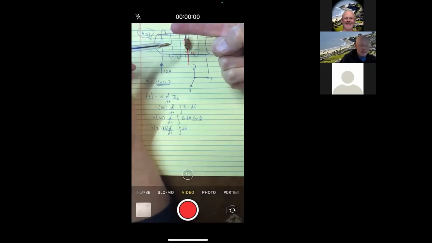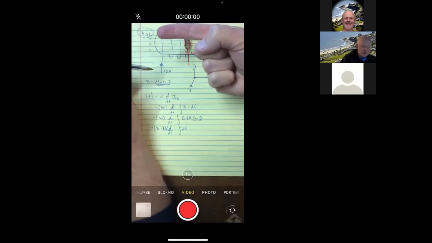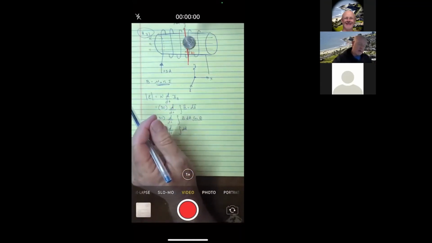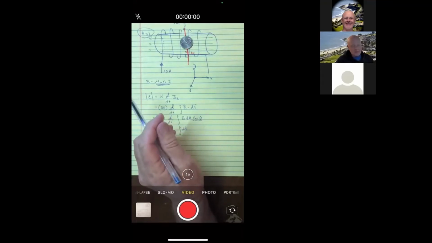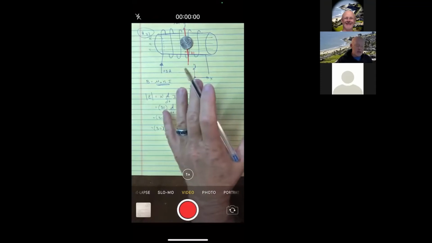So at this moment, every little area vector on here would be 0 degrees. Now, a little bit later, and I'll just turn it and lay it flat, the angle would change. So I am saying that the angle changes with time.